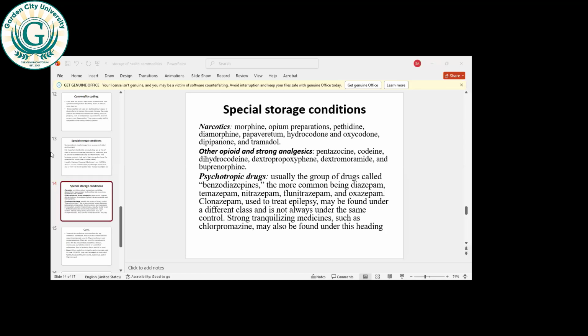So they are sold at the pharmacy. So how do they control it? Okay, sir. Unless there's a prescription signed by a doctor, before they can get the medication.